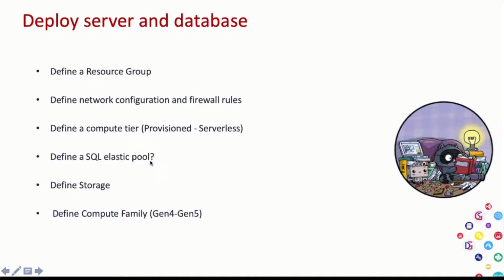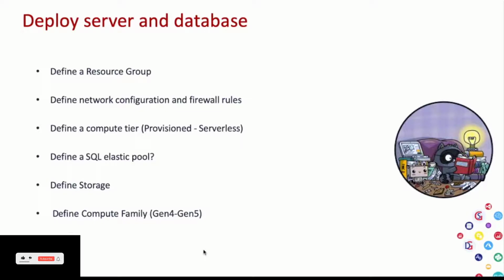This basically depends on the performance of the database that you're using and whether you need it or not. In this case, just for example purposes, we won't use an elastic pool. Then we'll define a storage associated with it or create one. And then define a compute family, which allows us to choose between generation 4 and generation 5, depending on the performance or the disks that you want to read on here.